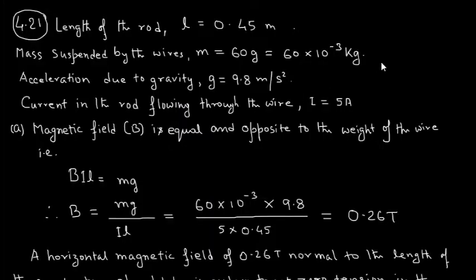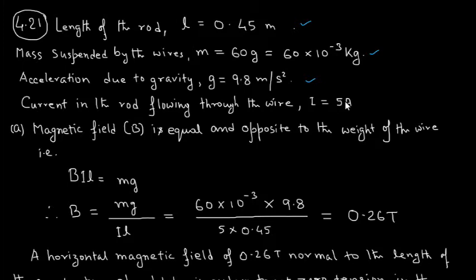Length of the rod L is equal to 0.45 meter. Mass suspended by the wire m is equal to 60 gram, that is 60 multiplied by 10 to the power minus 3 kg. Acceleration due to gravity g is equal to 9.8 meter per second square.